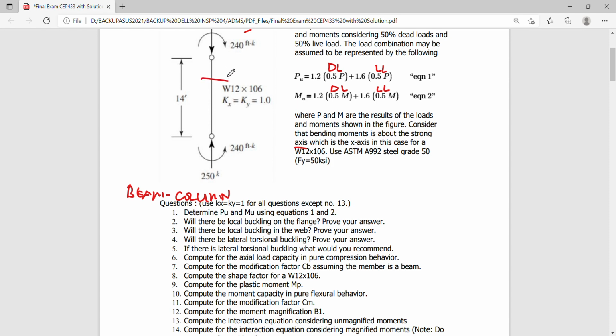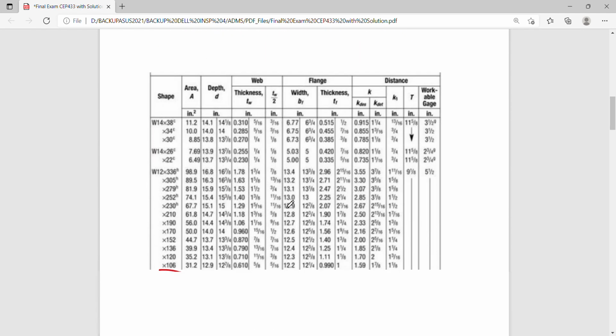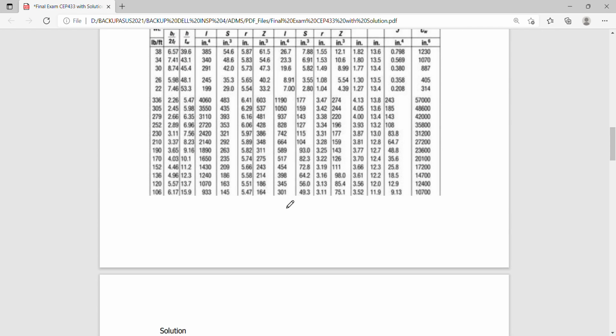So if you take a section here, your wide flange is oriented in this manner, wherein the bending is about the x-axis. So these are the properties of the W12 by 106.